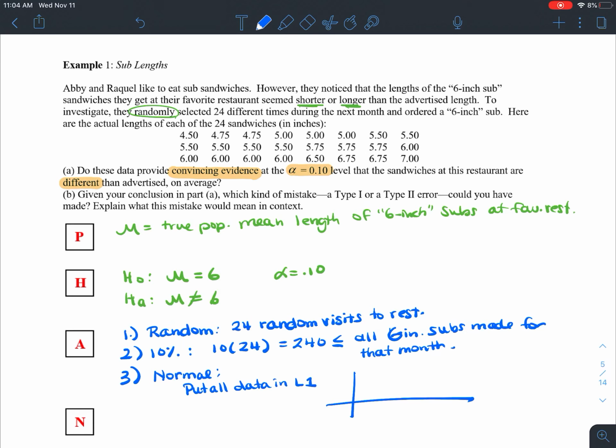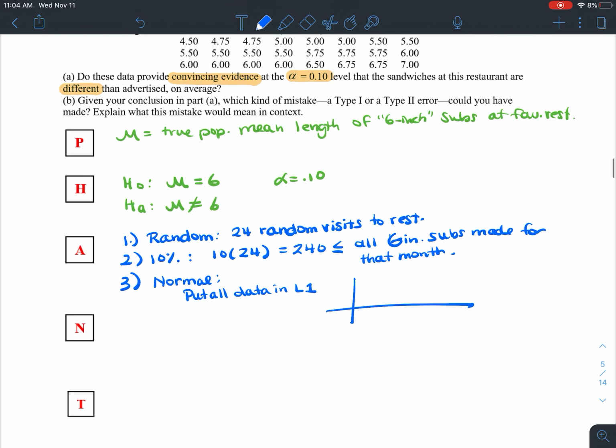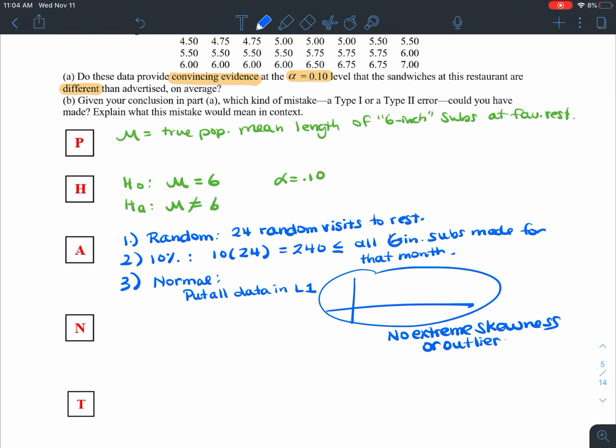Now, I don't have that pulled up at this moment, but I believe when you have it pulled up there doesn't show any signs of extreme skewness or outliers. So technically we would need to just draw a rough sketch of that, but then we also want to make a statement, no extreme skewness or outliers.